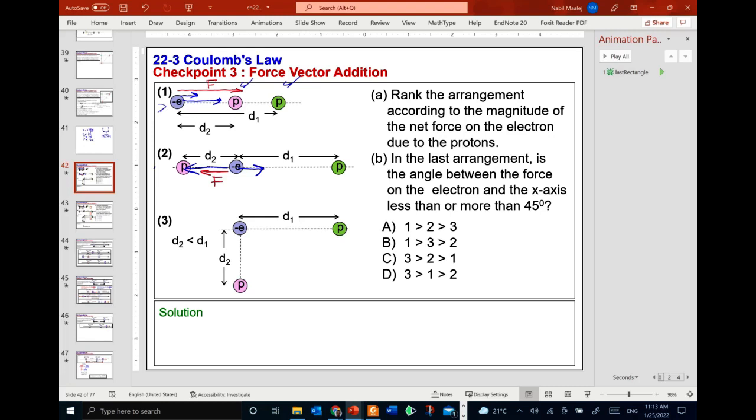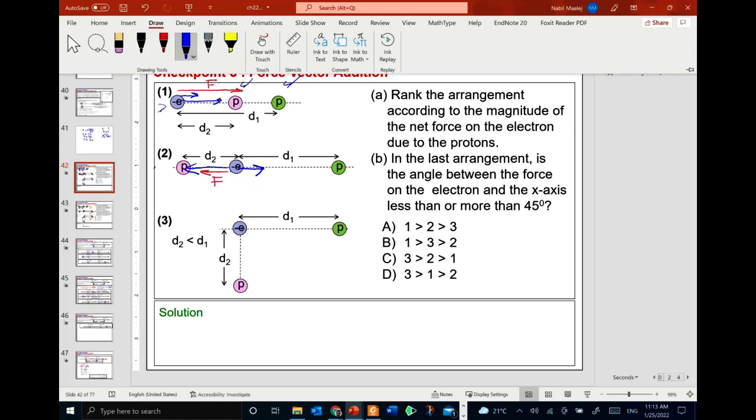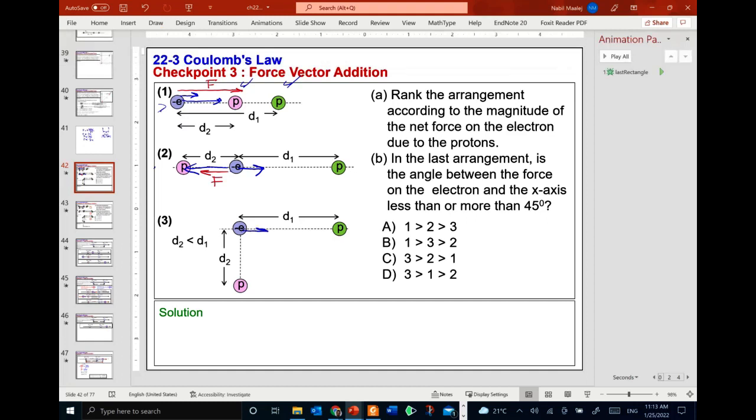Now the last situation is basically a rectangular arrangement, and we have the electron at one of the corners. So let's draw the force. The force due to the proton to the right is going to be about this much because it's a further distance. The attraction between the electron and the proton at the bottom is going to be larger because the distance is smaller.